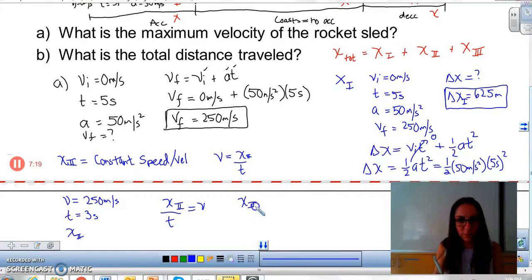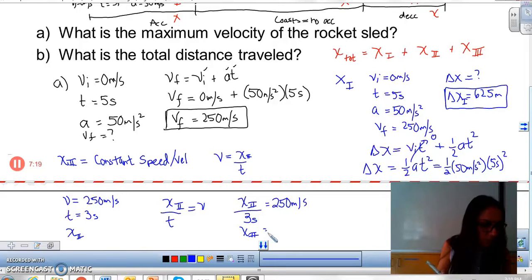This is the variable, this is the time, 3 seconds, and this is 250, right? And that's meters per second. When I multiply both sides by 3, I'll solve the problem. So when I do that, I know what it is, but I like to check, because I don't like to officially assume. Okay, but I was right. So 750 meters, like that.